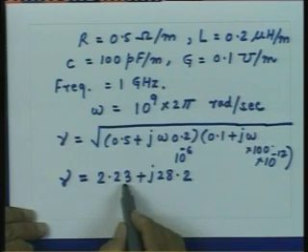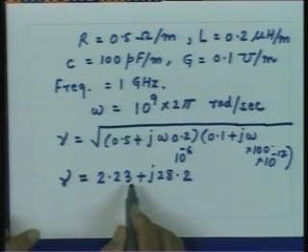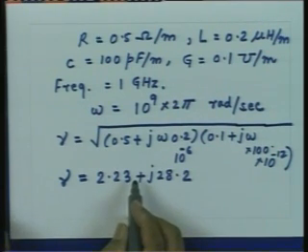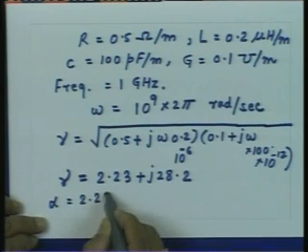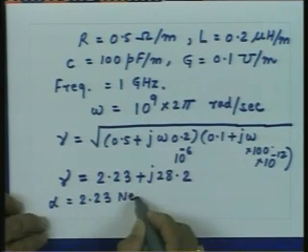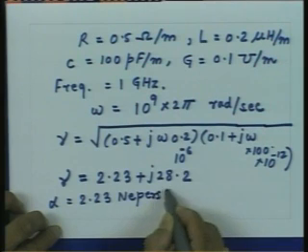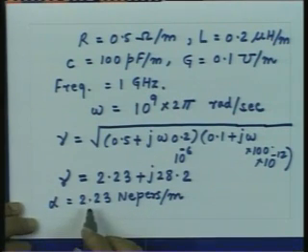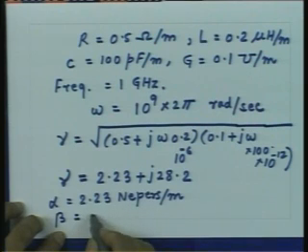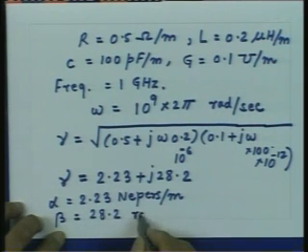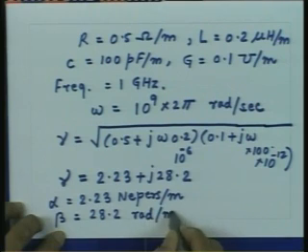So, the real part here, which is 2.23, represents the attenuation constant alpha. So, we have alpha equal to 2.23 nepers per meter, and we have the phase constant beta, which is equal to 28.2 radians per meter.